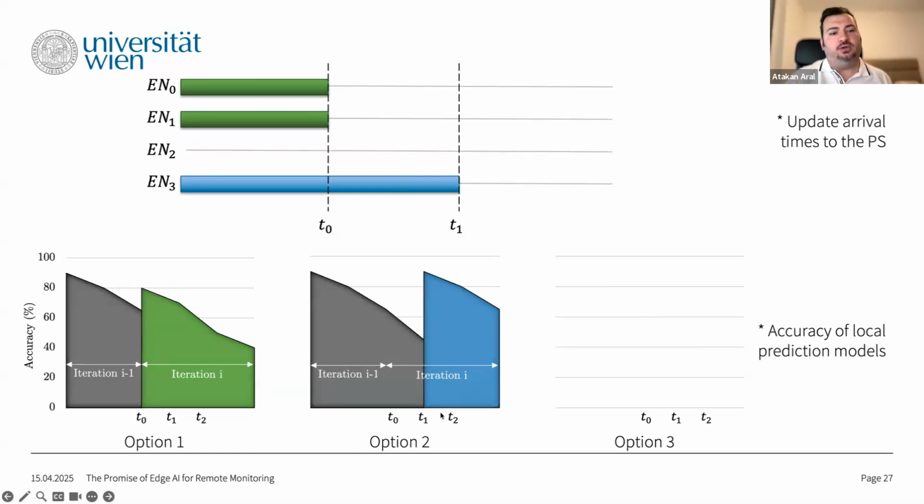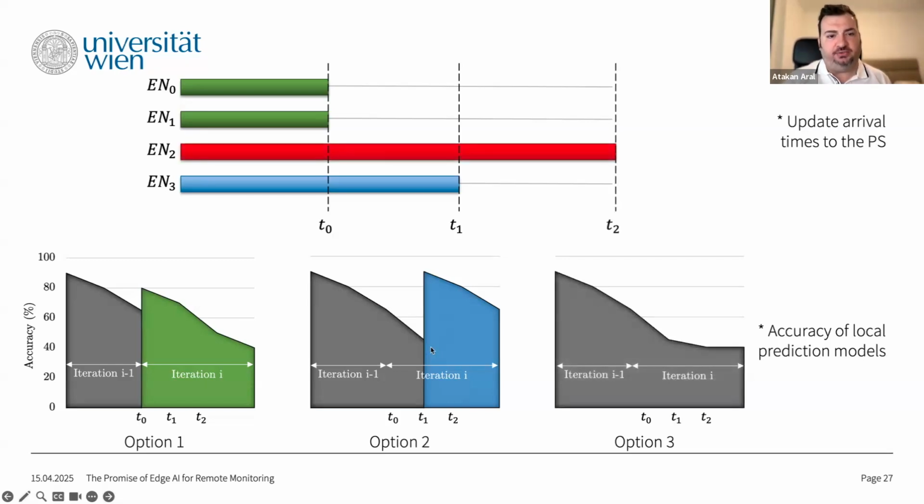But the problem is we will have to tolerate the stale model for a longer period of time. And as you can expect, the third alternative is to wait even longer, get all the data, maybe have the most accurate model, but tolerate the stale model for the longest period of time.